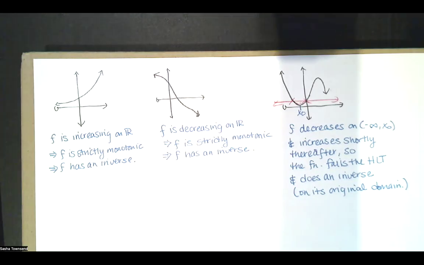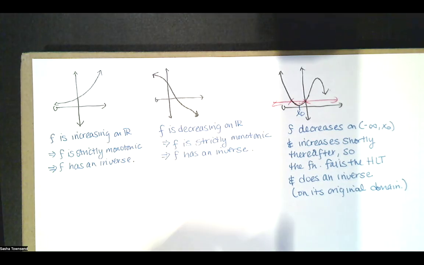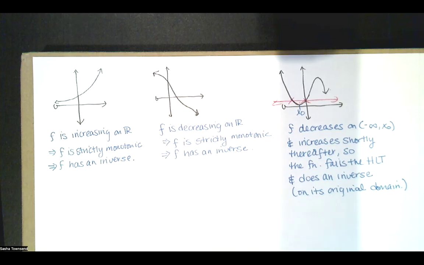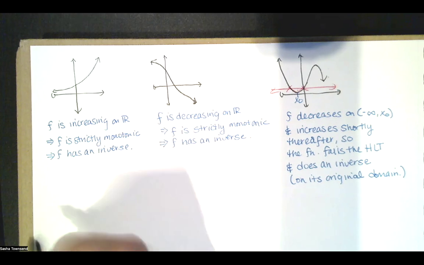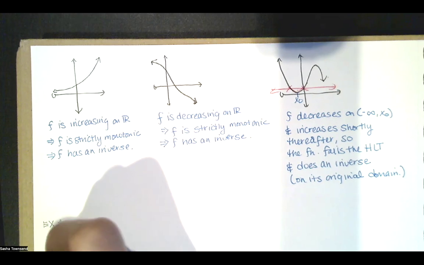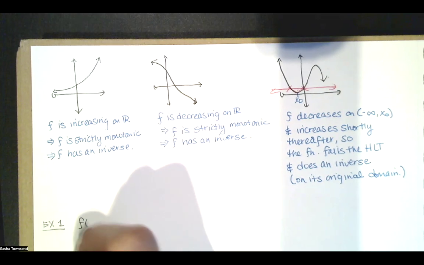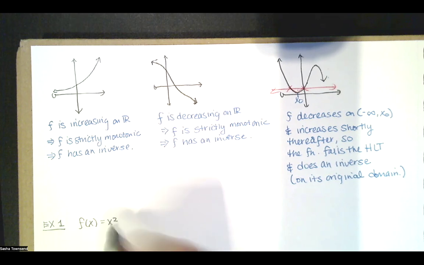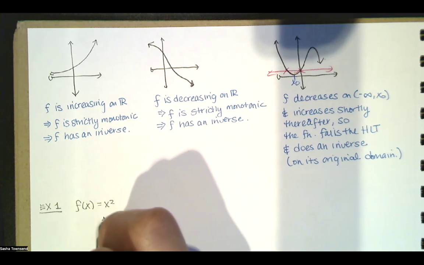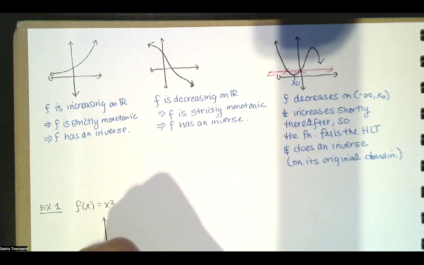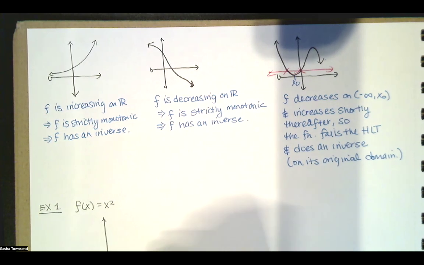So let's look at an example other than y equals x squared, because we already looked at that. Well, actually, let's revisit that one. So we have f of x equals x squared. Actually, I think I want to draw it like that.